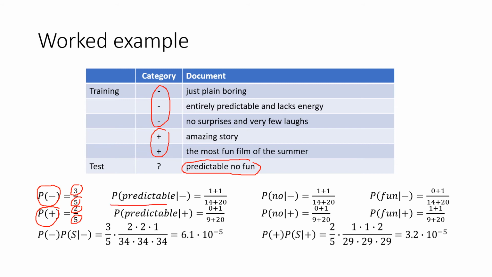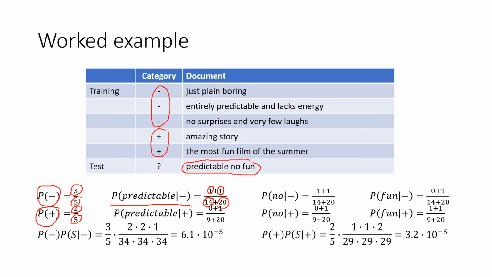So to calculate the probability of the word predictable given the negative class, we must count the number of times the word predictable appeared in negative documents, which is 1, and we must count the total number of words of all negative documents, which is 14 in our example, and these additional values, 1 and 20, go for the Laplace smoothing because the 20 is the total number of words in our vocabulary.